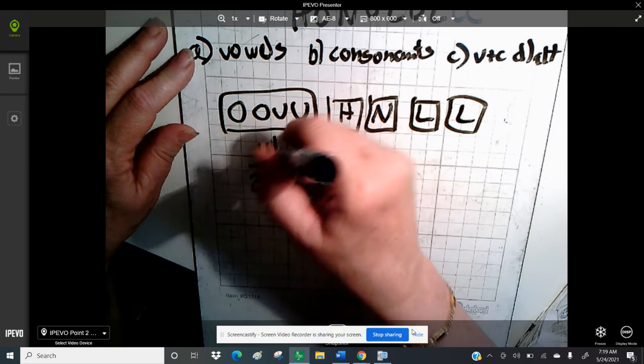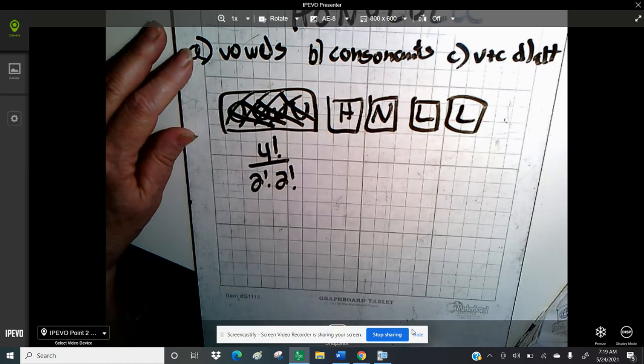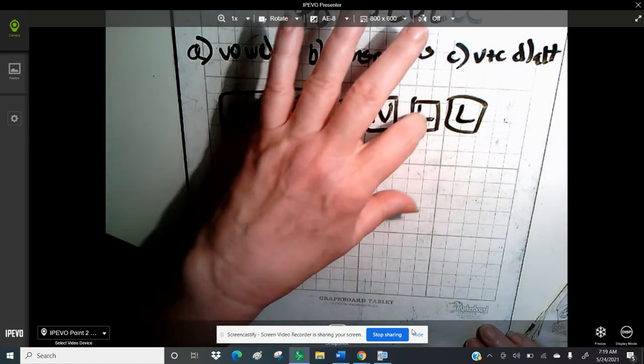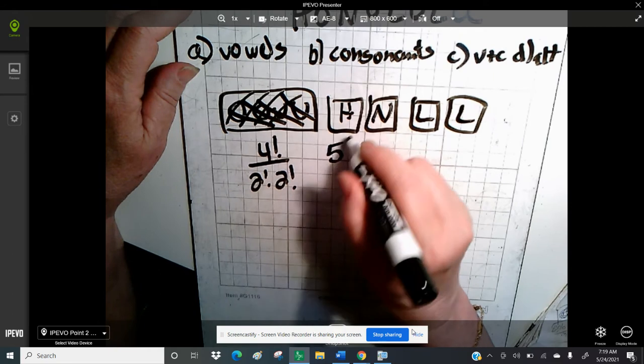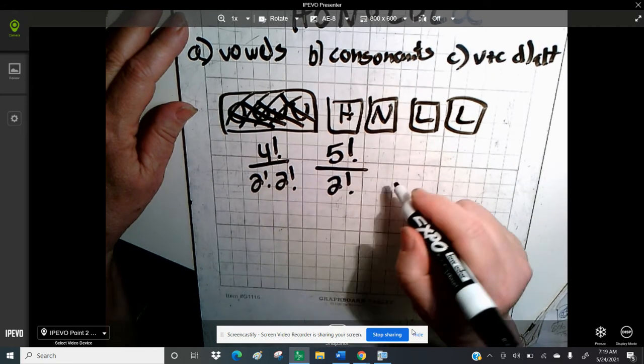And now that I figured out how many ways I can arrange this box, this is just kind of like a black box. I can just think of it now like that. And how many ways can I arrange these 1, 2, 3, 4, 5 things? So that's 5 factorial, but I have 2 L's, so that's 2 factorial.